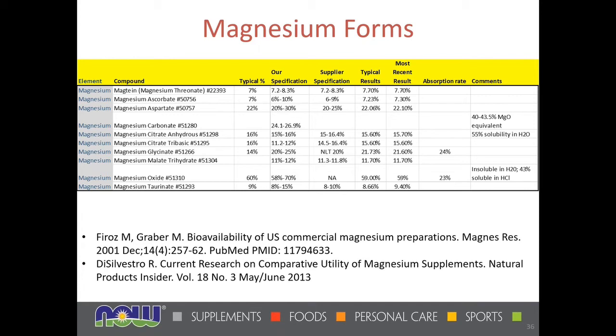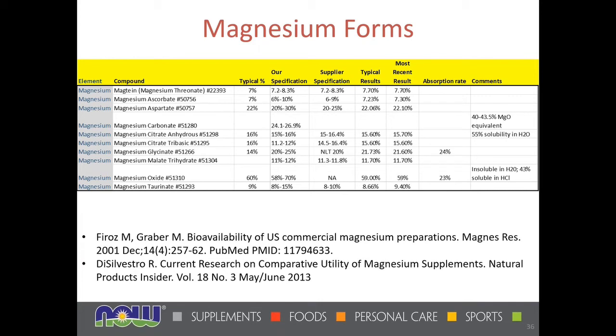So if you took something that was 16% elemental, like magnesium citrate, that's only about roughly 25% as strong in terms of magnesium content as magnesium oxide. In other words, you have to take nearly 4 times as much of a citrate to get the same weight of magnesium as magnesium oxide would have.